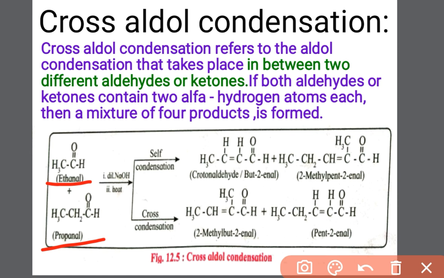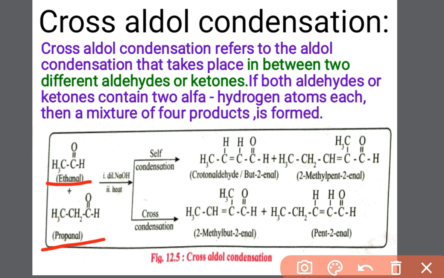So then how is it possible? How do four products get formed by cross aldol condensation? I am explaining this. Suppose in a container we take two different types of aldehydes, that is ethanol and propanol. Then what will happen in the container? The ethanol will react with ethanol itself and give one type of self condensation product.